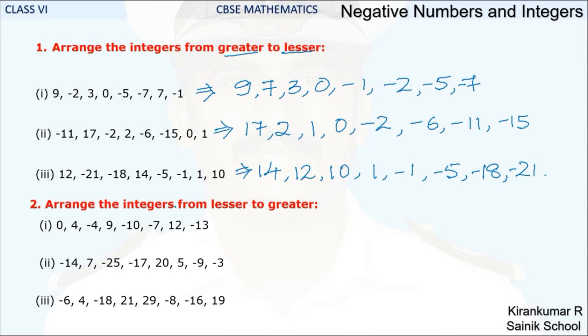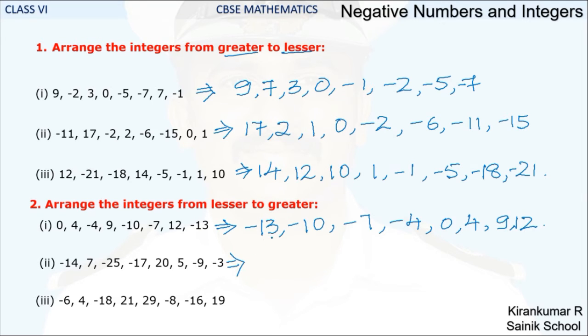Let's do the opposite now. Arrange the integers from lesser to greater. Here, a negatively larger number will have a smaller value. So minus 13 is the smallest, followed by minus 10, minus 7, minus 4, 0, 4, 9, 12. Here the greater number is positive 12.